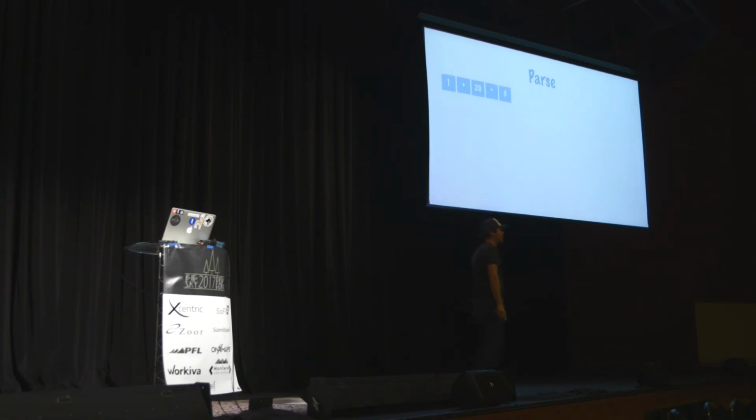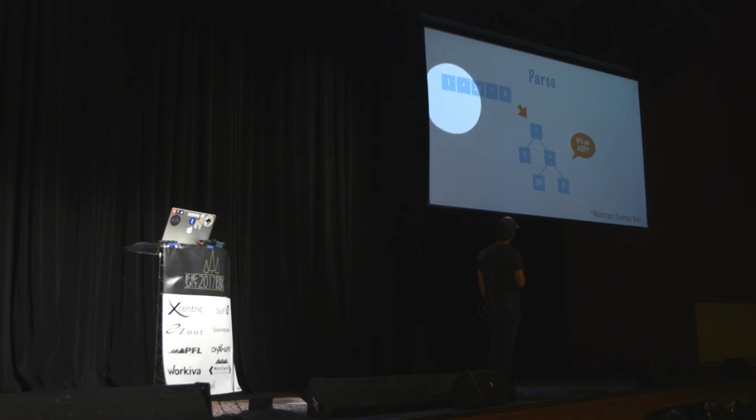Our parser is going to take these tokens as input, and it's going to do some operations on them, which we'll dive into in a little bit, to get us this abstract syntax tree that looks like this, or you call it an AST for short. If you've never seen one of these before, it may not look super intuitive what it is, but you'll see all of our tokens have ended up in this abstract syntax tree.